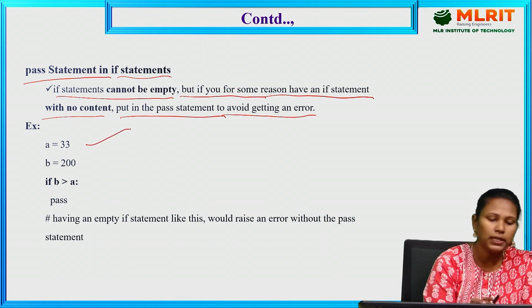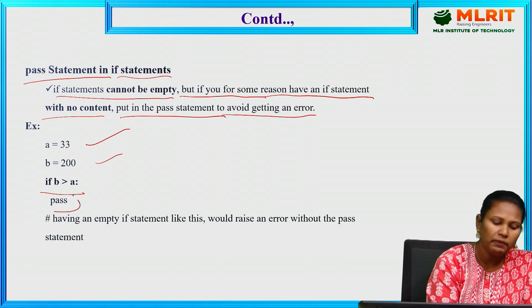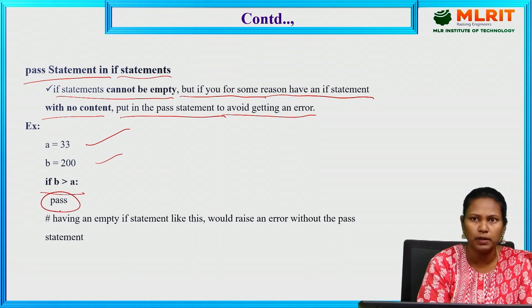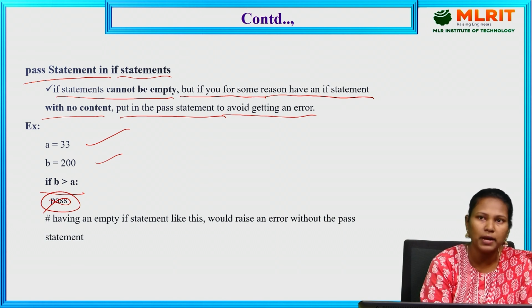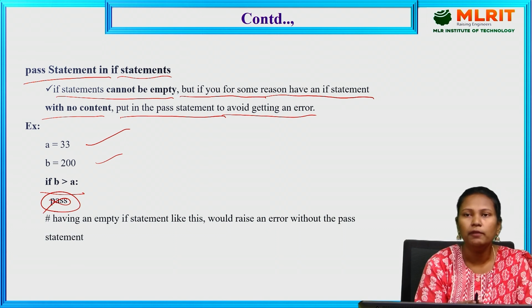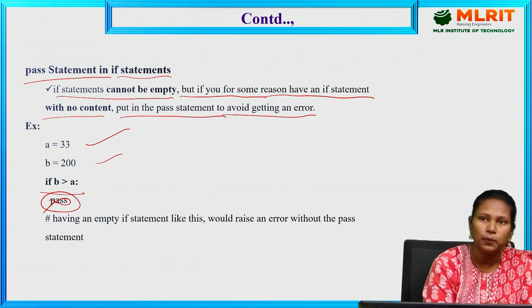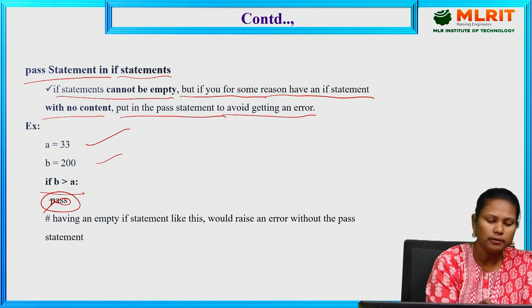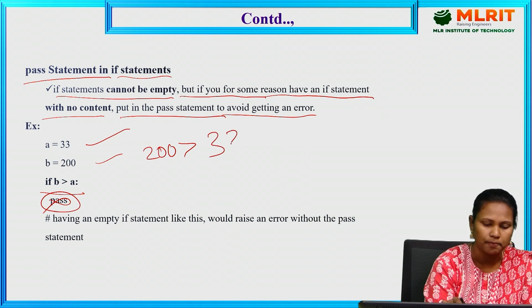A equal to 33, b equal to 200. We wrote the condition, but we are not writing any statement. Without writing any statement, it shows an error. If you write pass, it will execute the program without showing an error. So here it checks that 200 is greater than 33.